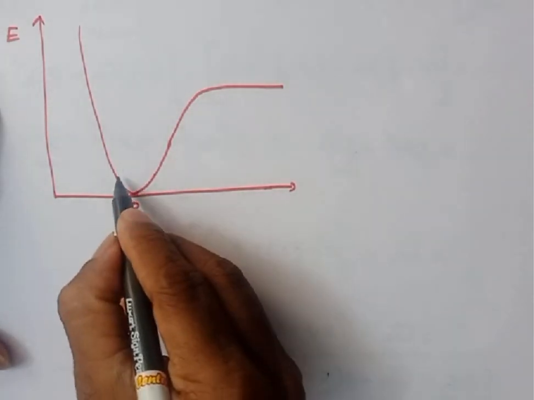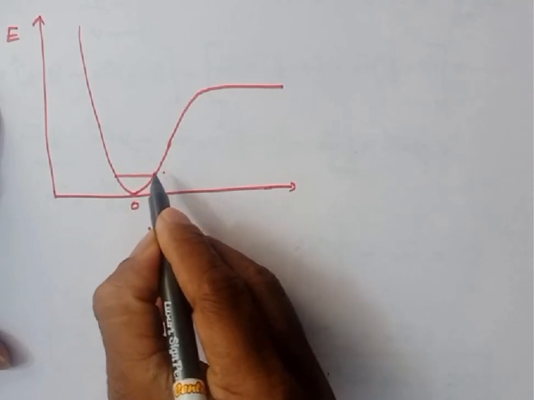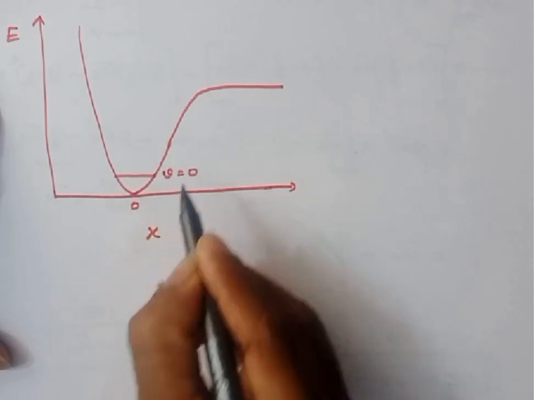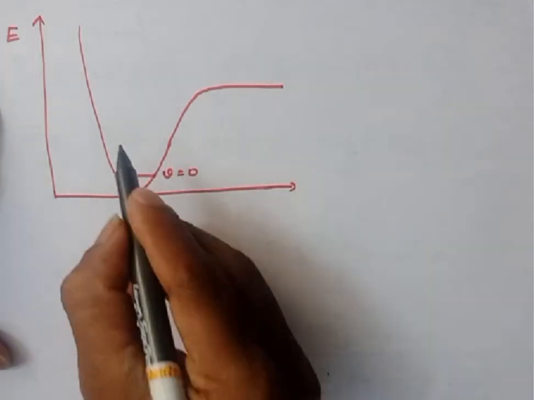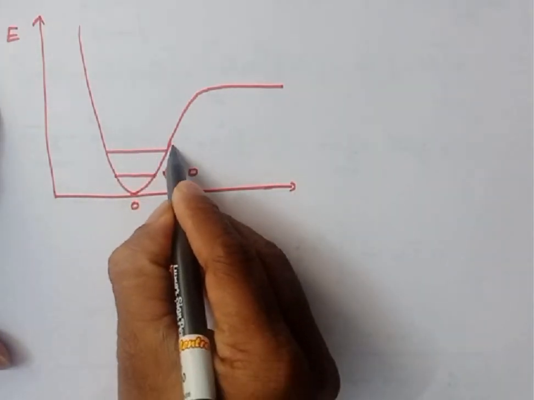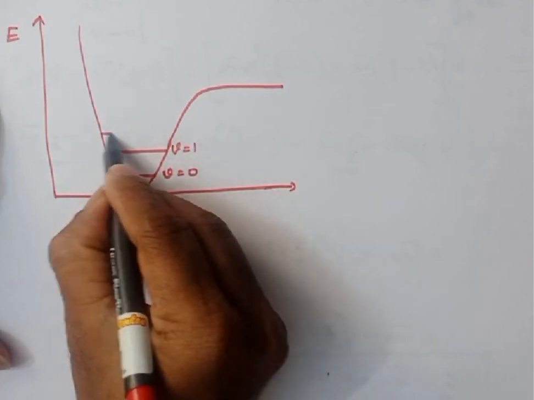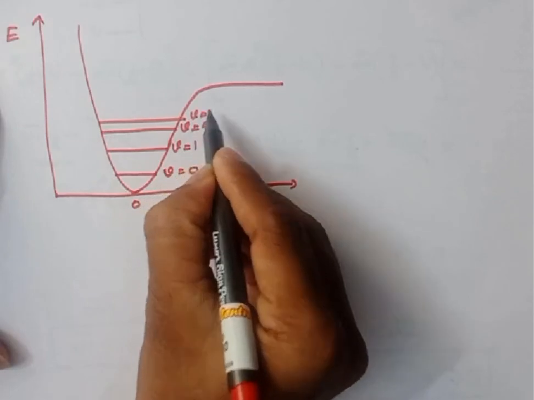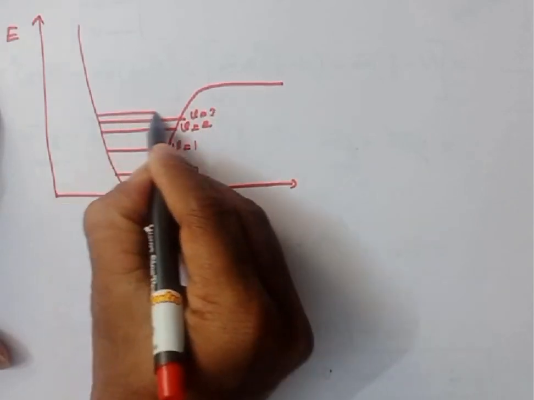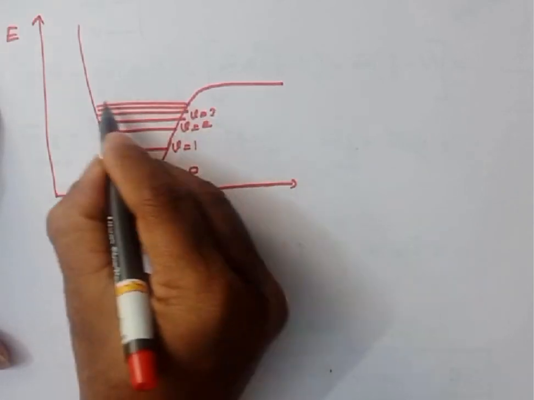Students, observe carefully. This is the lowest vibrational level, V equal to 0. And you know very well, the energy for this is nothing but the zero point energy of the molecule. The next level is V equal to 1. Next level is V equal to 2. Next level is V equal to 3. Next level is V equal to 4.